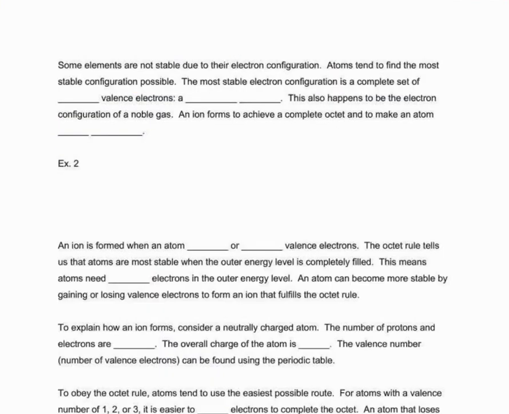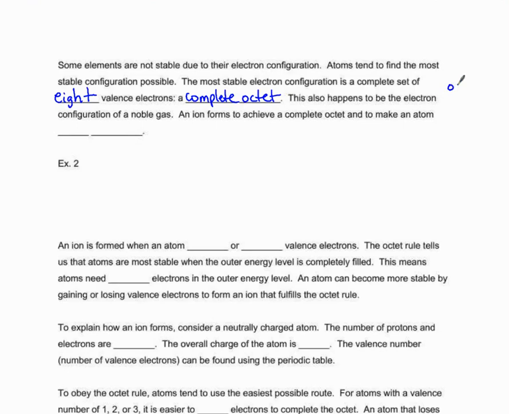So the reasoning: some elements are not stable due to their electron configuration. So atoms will tend to find the most stable configuration possible. The most stable electron configuration is a complete set of 8 valence electrons, which we call a complete octet.